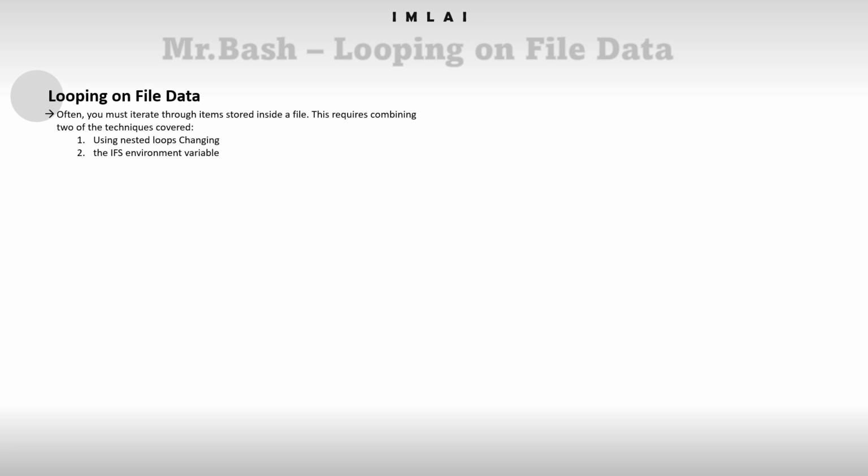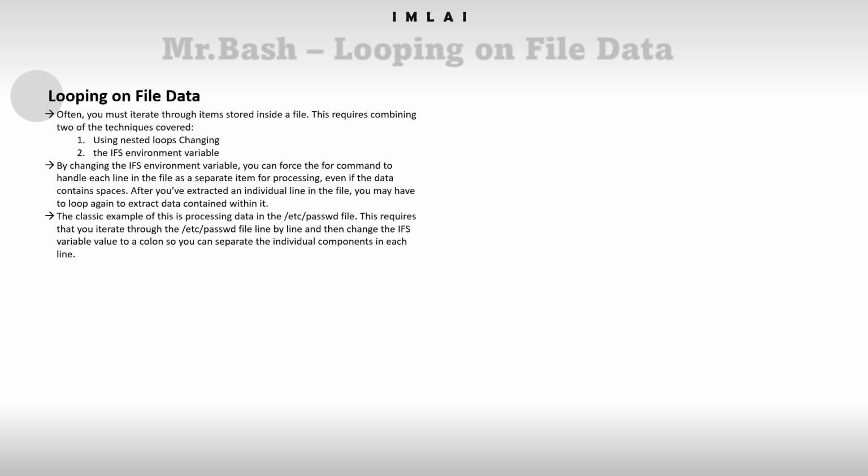By changing the IFS environment variable, you can force the command to handle each line in the file as a separate item for processing, even if the data contains spaces. After you have extracted an individual line in the file, you may have to loop again to extract data contained within it.